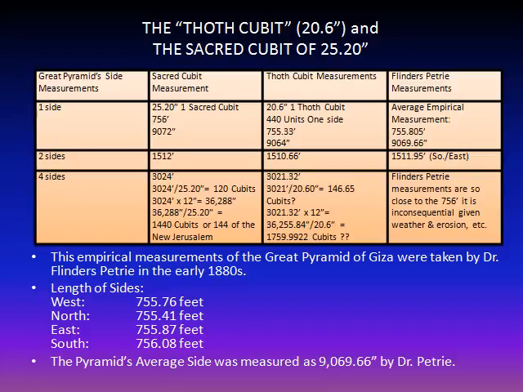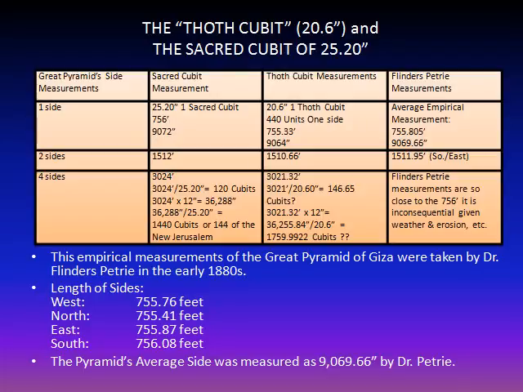Was it measured by using the Toth cubit of 20.6 inches or the sacred cubit of 25.20 inches? Of course, we're going to contend that the sacred cubit was in use for the building of the Great Pyramid of Giza.